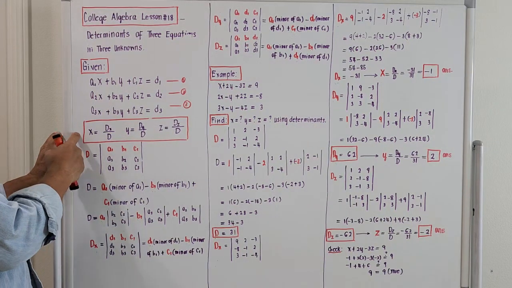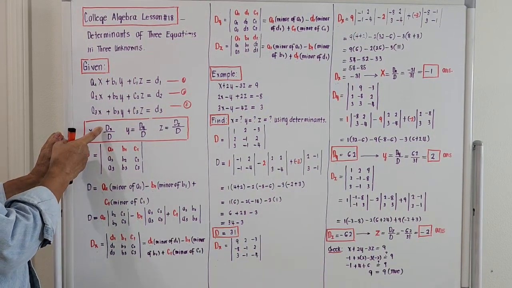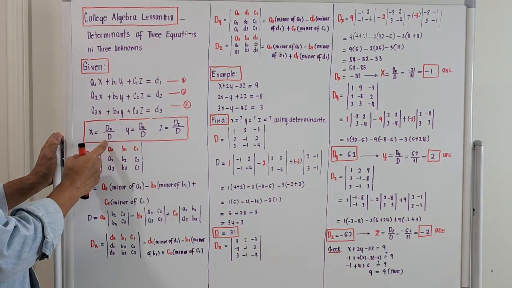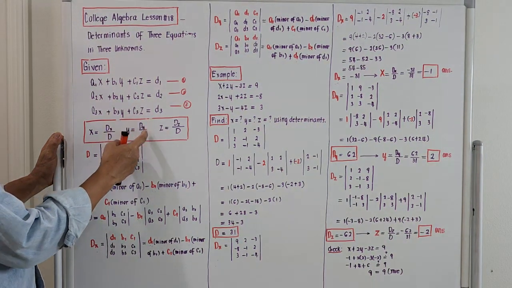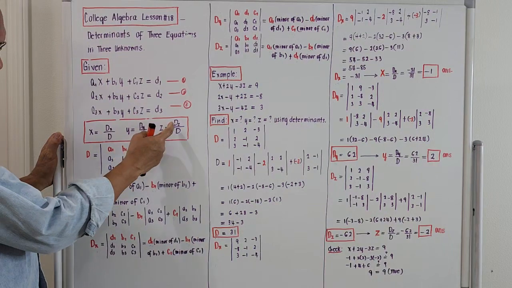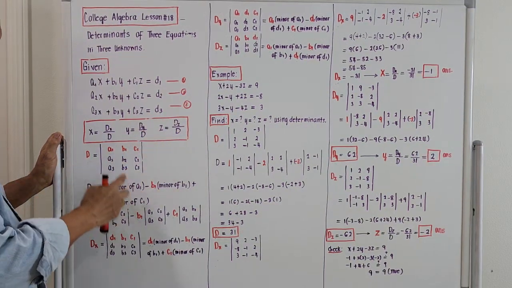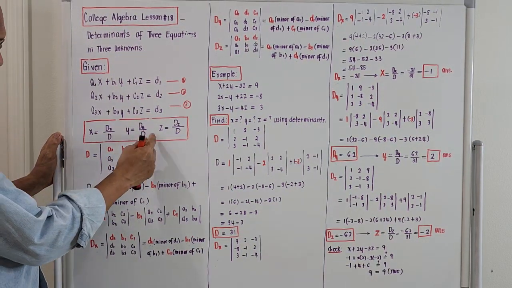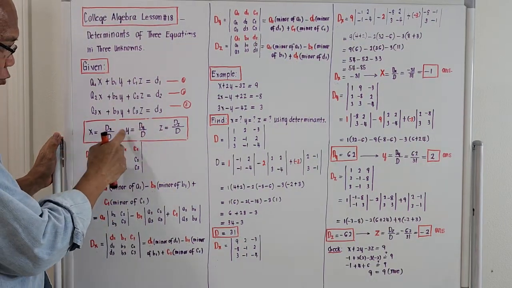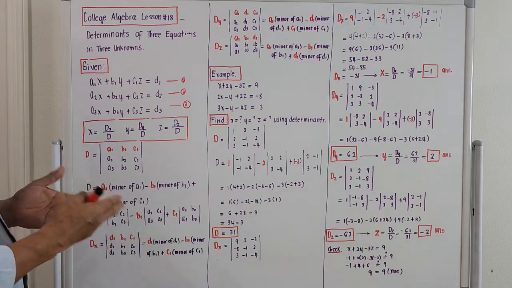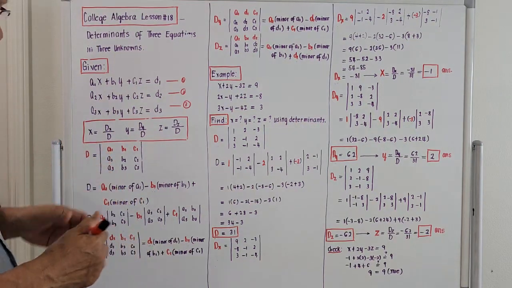For the value of x, it will be the determinant of x all over D, and for y it will be the determinant of y over D, and z will be just simply Dz over D. So these are the three equations in order for us to solve for the value of x, y, and z, but we must evaluate the four values.